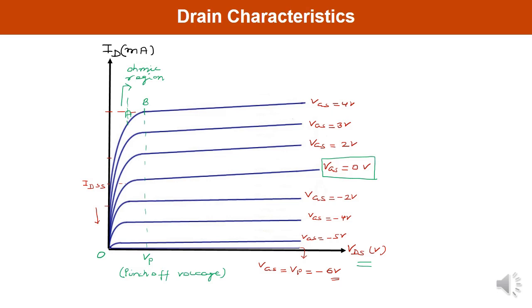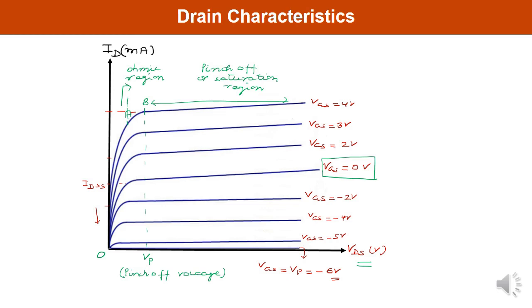And then you can see a region in which there is a constant line of the curve. This is nothing but the pinch off or saturation region. In this particular region, you can observe that there is a constant current.